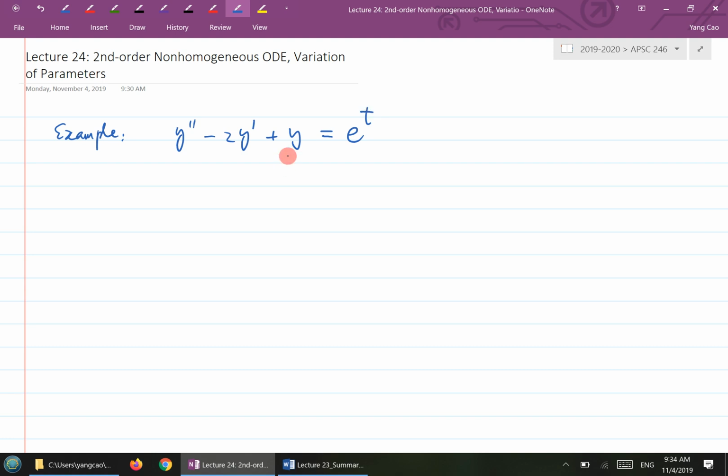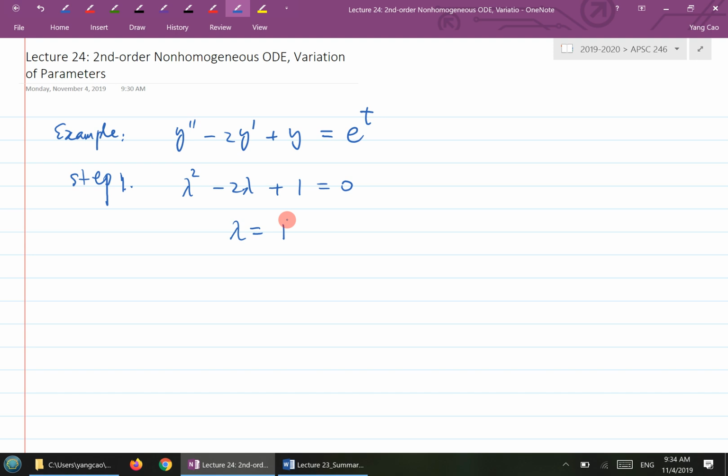Alright, so when you have this one here, step one is to get the general solution for the homogeneous ODE. The characteristic equation is lambda squared minus 2 lambda plus 1 equal to 0. The solution of this is lambda equal to 1.